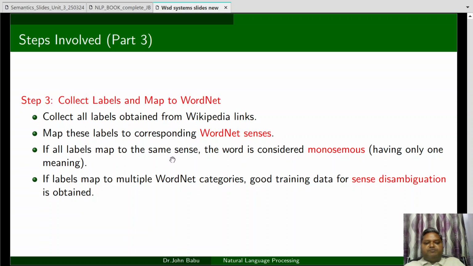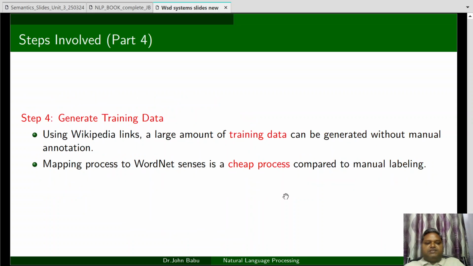If all labels map to the same sense, then the word has only one meaning, called monosemous. If the labels map to multiple WordNet categories, we can use it for sense disambiguation. Step 4 is to generate the training data and map the Wikipedia data to WordNet.